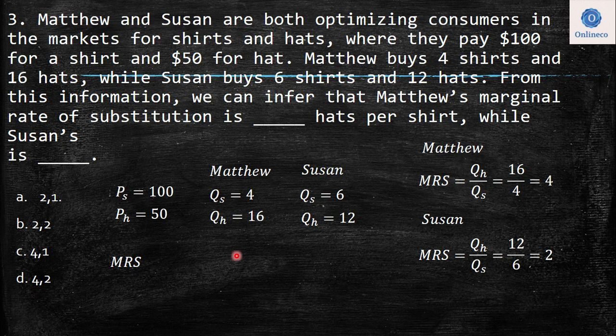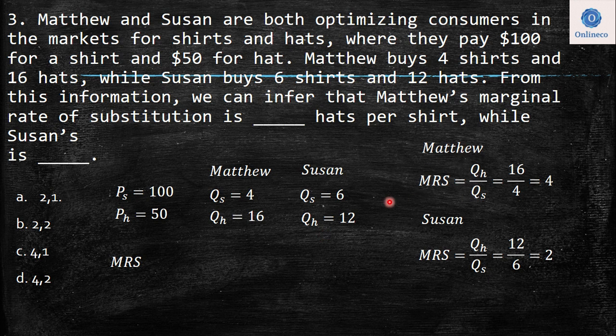Then, in order to represent it better, we have here the price of shirts, which is 100, and the price of hats, which is 50. We know that Mankiw will consume 4 shirts and 16 hats. Susan will consume 6 shirts and 12 hats.